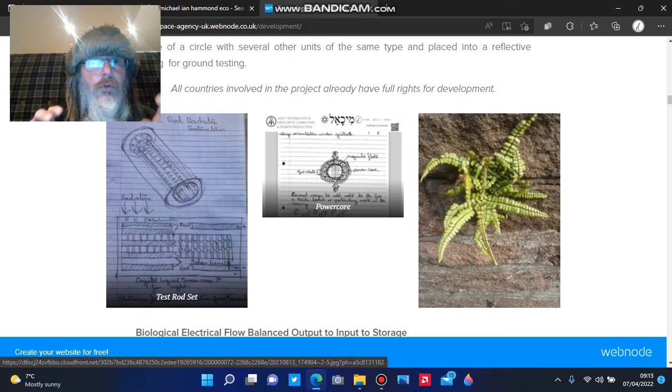And this is how the new device of this test rod set is basically going to be developed. It's also going to be put together as a new power source of power production of power energy.